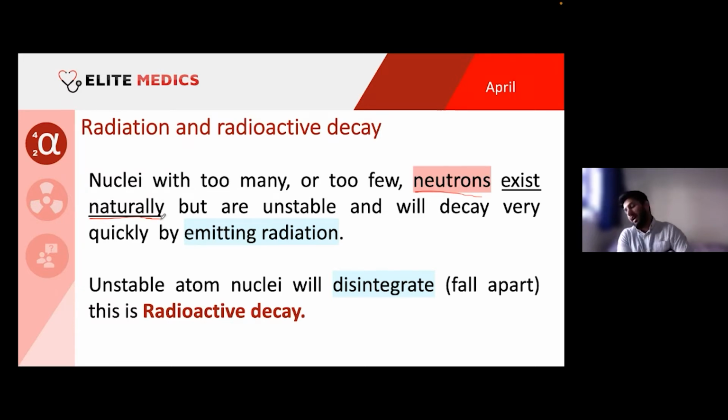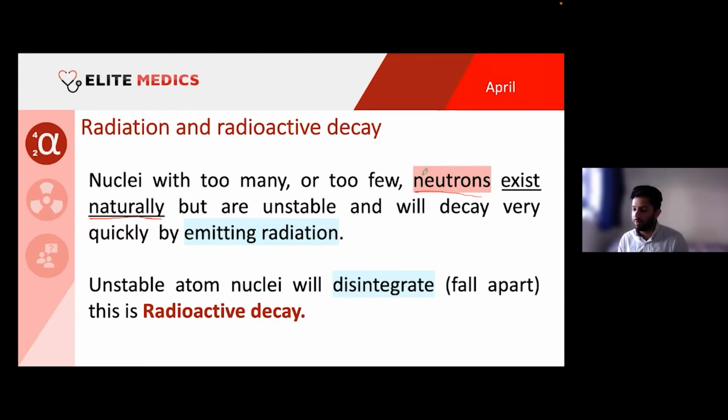That's not something you'll ever be asked, even at A level. But this is just a matter of fact, really. If there are too many neutrons, it can become unstable. If there are too few neutrons, it can become unstable. So remember, unstable nuclei will disintegrate, and this will be its radioactive decay.